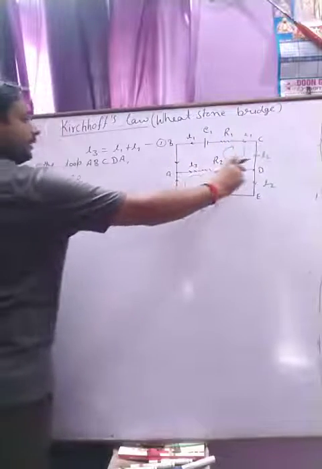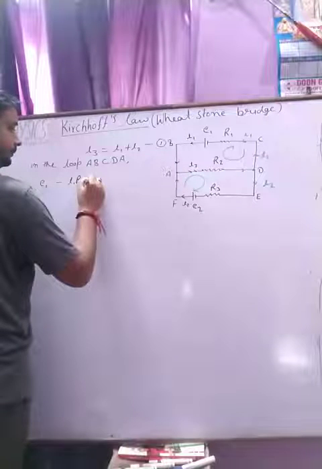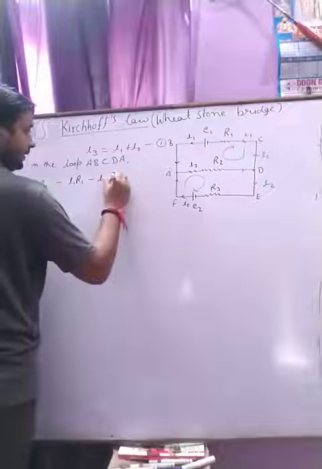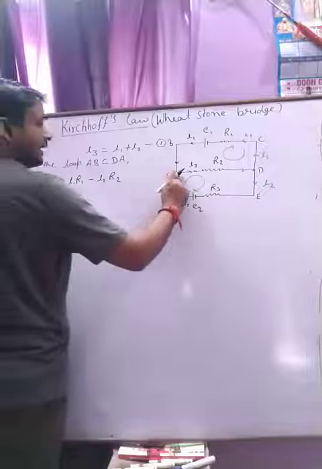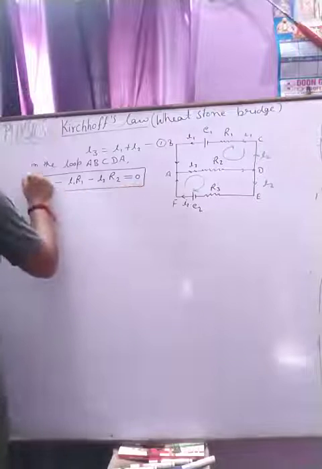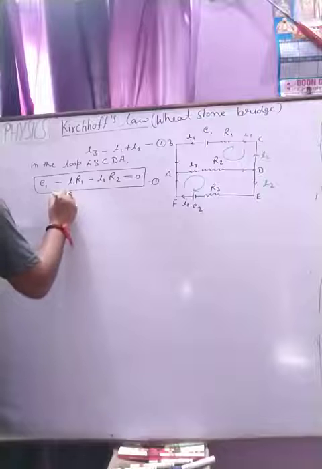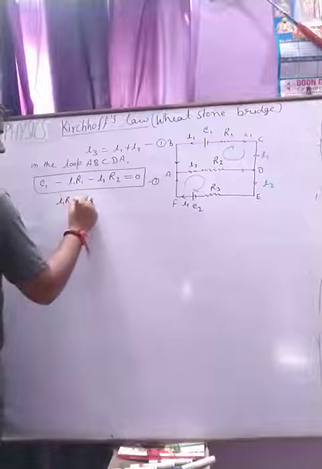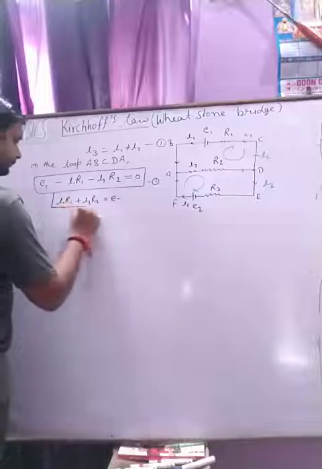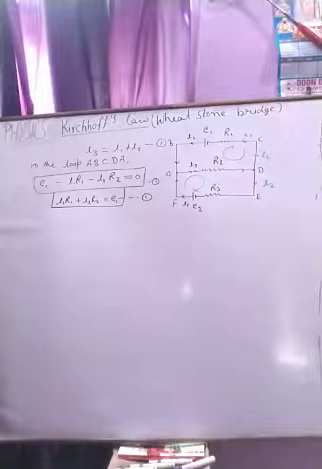Then again opposite to the direction of current, minus I3 R2, and then we reach point A, so it equals 0. So this becomes our first equation for the first loop. When we solve this, we get I1 R1 plus I3 R2 equals E1. This is our first equation.